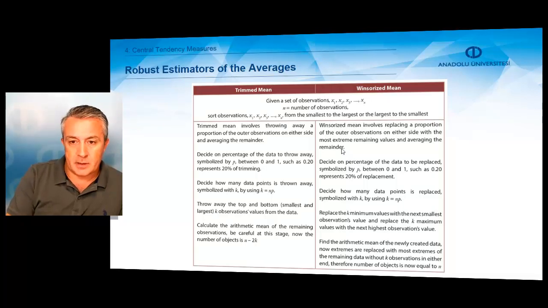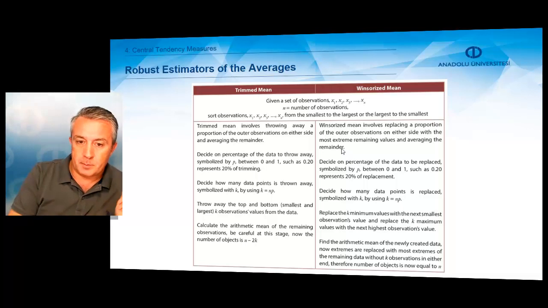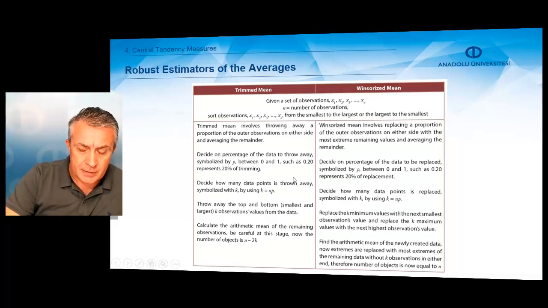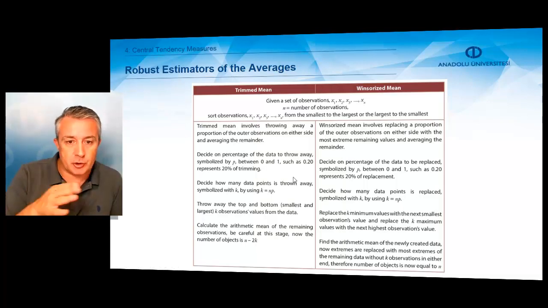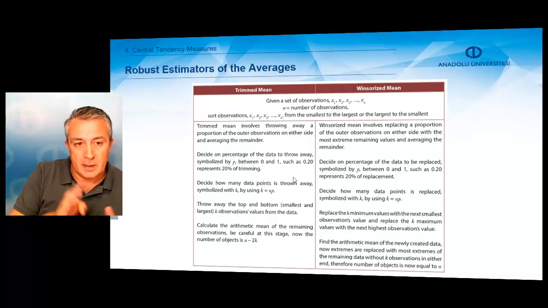So what we do is we calculate, let's say, 10% of the data, and we remove that number of objects from the minimum and maximum of our data, according to the trimming value. The trimming value is between 0 and 1, so maybe 20% or maybe 40%. So we throw away some data points in the trimmed mean from the bottom and upper side of the data, and we calculate the arithmetic mean of what remains after this trimming.